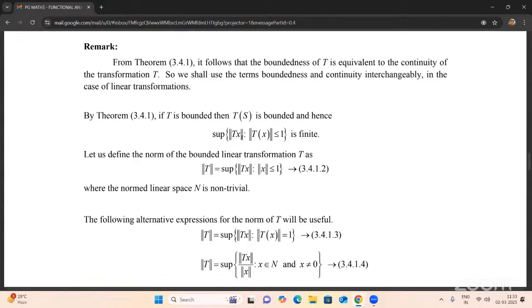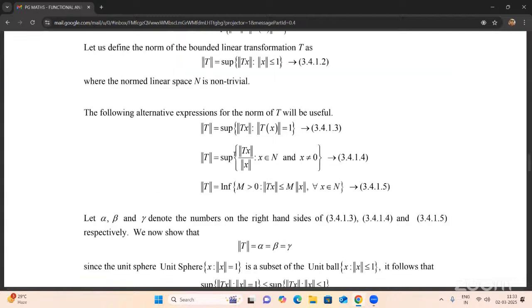This is also another norm. So the norm can be defined in different ways through the transformation. Given the normed linear space is non-trivial, this is the second condition of the norm. And the third condition is norm T equals the supremum of norm T(x), where particularly the norm of x must be equal to 1.